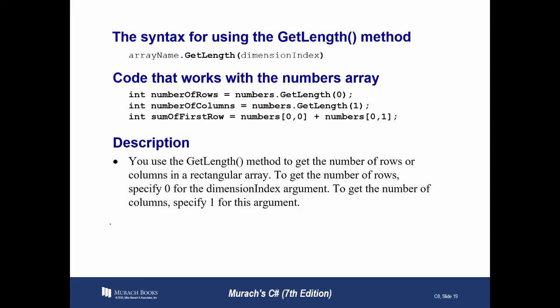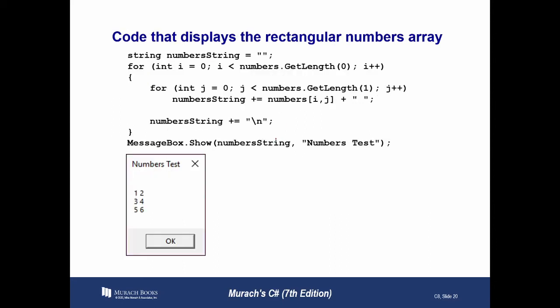And I want to take a minute here also and talk about this GetLength method. Okay, and when we deal with this, in this particular example, let's say we have a two-dimensional array. We've got rows and we have columns. Okay, and when we look at this again, you can see it's a nested for loop. We've got the outer loop and the inner loop.